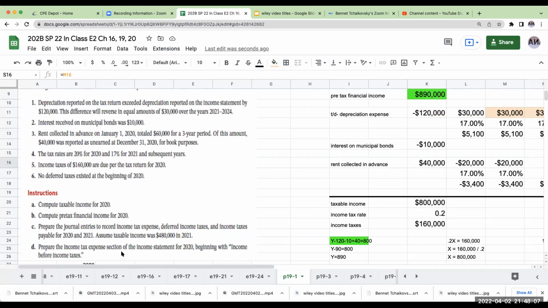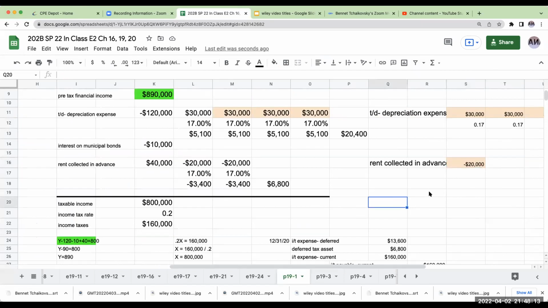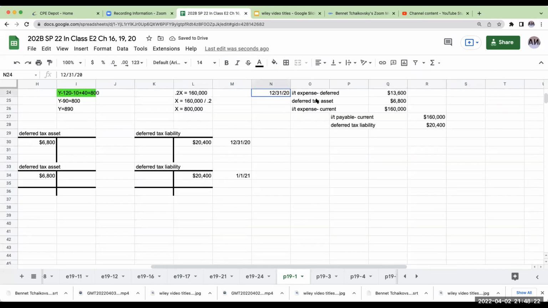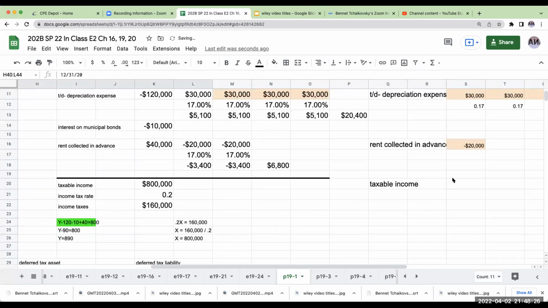They're telling me to assume taxable income of 480,000 in 2021. So they've kind of done some of the work for us already.